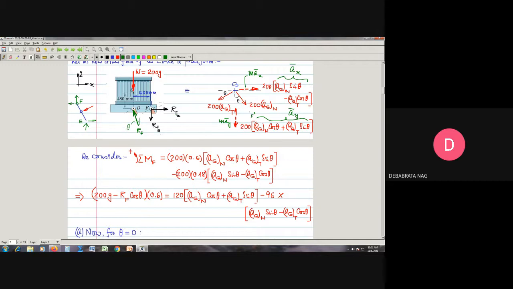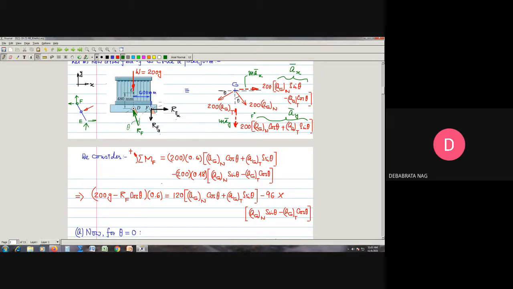The distances of the center of mass G from this point F are shown here to be 600 millimeter and 480 millimeter respectively. Taking the anti-clockwise moment as positive, we can write our equation something like this. That is pretty simple to note.